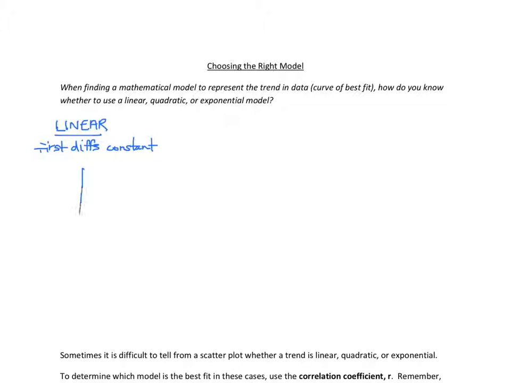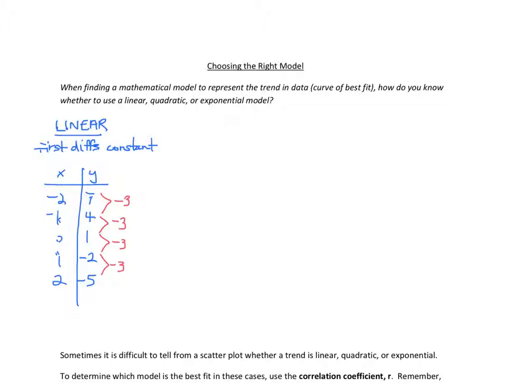Okay, so for example, if I had a table such as this one, where my y values are, say, 7, 4, 1, -2, -5, I can see that as I go through my y column, I'm going down by 3 every time, or I'm subtracting 3 each time. Okay, so that one would definitely have, the closest would be a linear model.